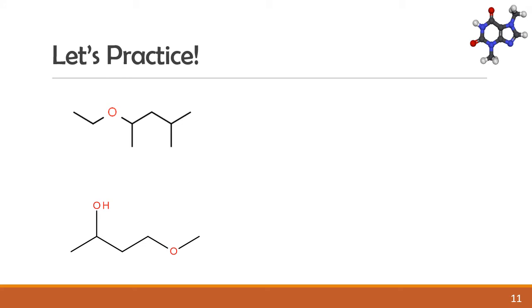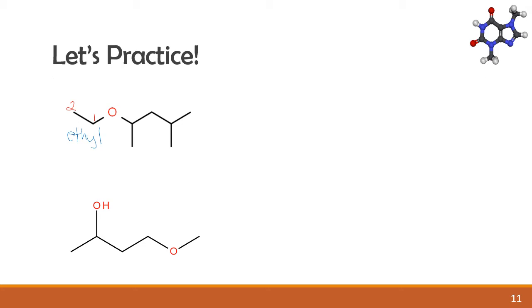Now let's try naming these two compounds. The first compound has 2 alkane chains attached to the oxygen atom. First, let's determine which chain is the LCC. On the left side of the oxygen atom, we have 1, 2 carbon atoms. A 2-carbon alkane substituent is called ethyl.